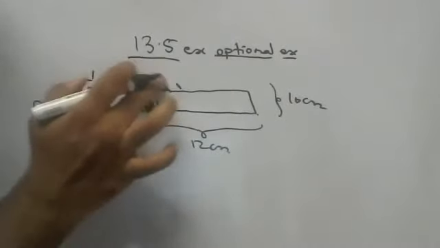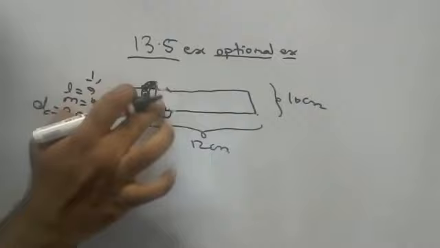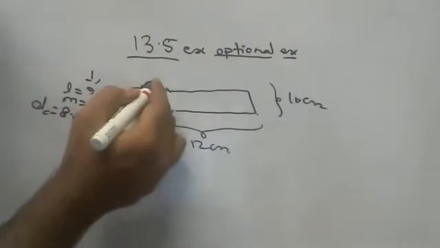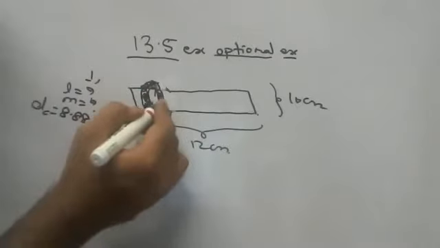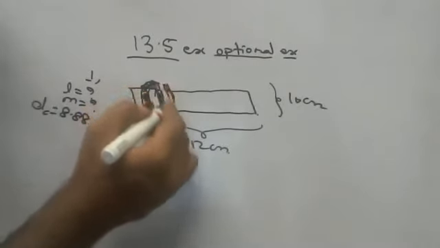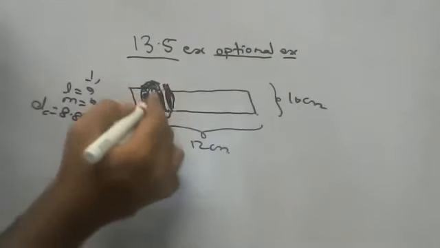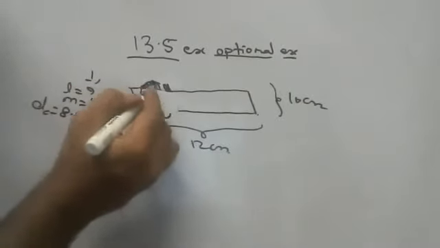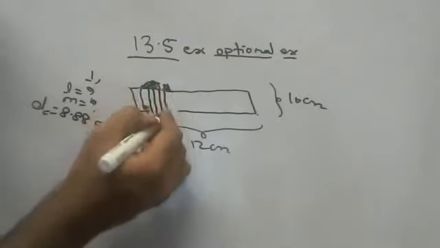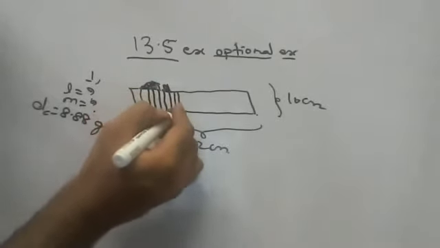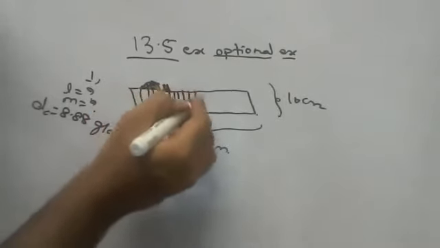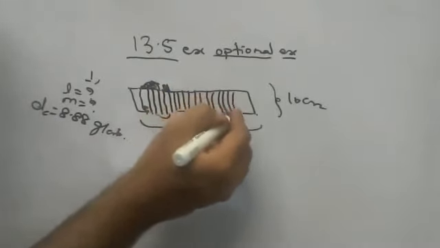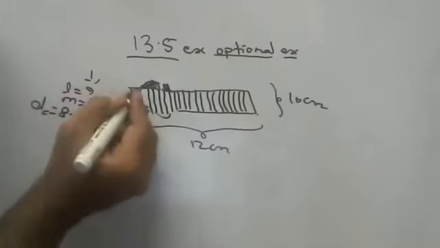After winding, you can see only the wire like this, wound around it. The wire is wound without gaps actually, but I'm drawing gaps so that you will understand.